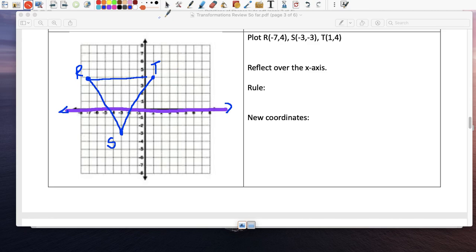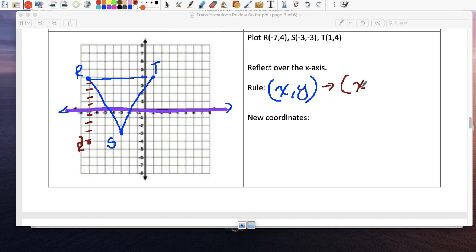Okay. So if you notice, for you to get the rule, when you reflect this, let's reflect just point R here. Point R is 1, 2, 3, 4 units away from the line of reflection. Point R prime is going to be 1, 2, 3, 4 units on the other side of the line of reflection, and that's R prime. So if you look at R and R prime, what do you notice? Well, I notice that the x coordinate didn't change.